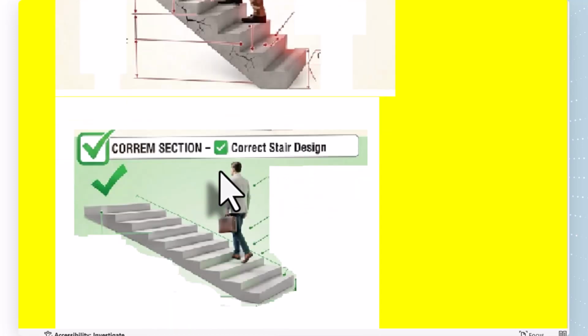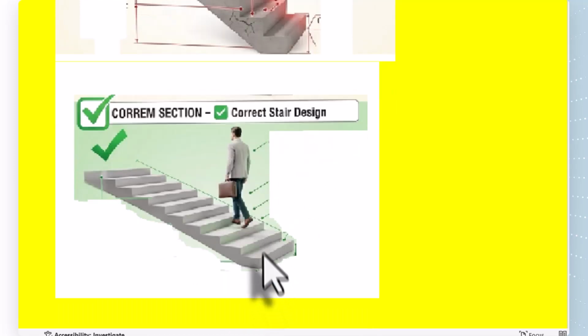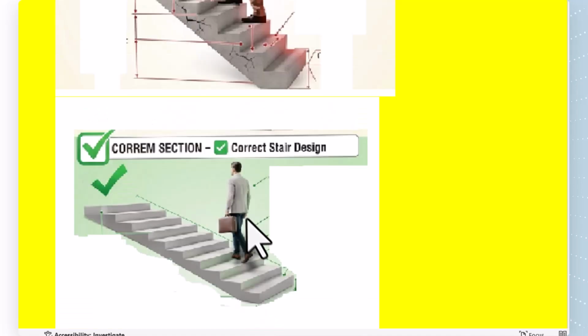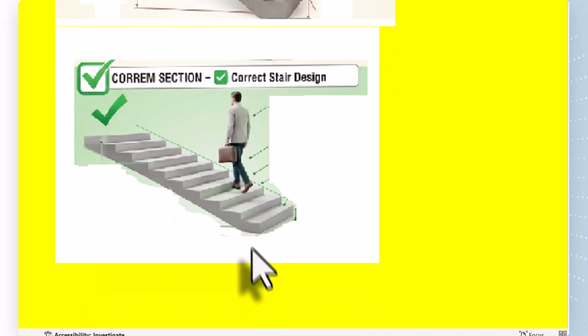If you reduce the height of the steps properly as per the design that is followed in this case, then we call that the correct stair design. Here the person is going without any difficulty. So our aim is to design the steps like this.